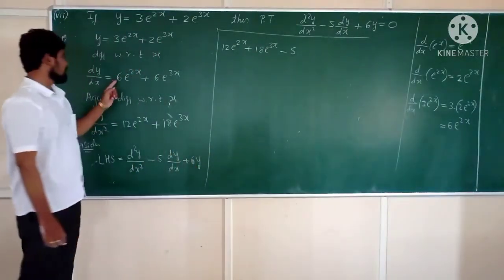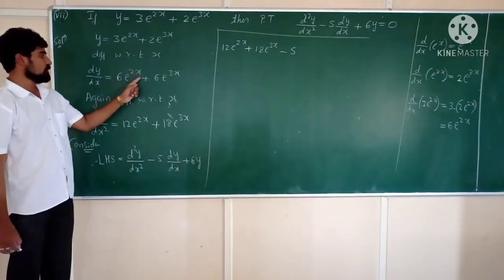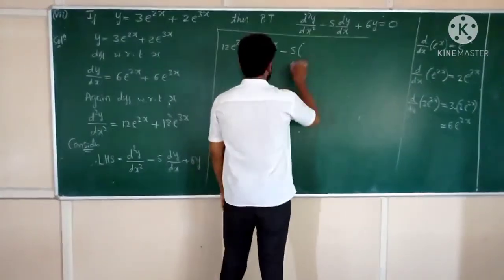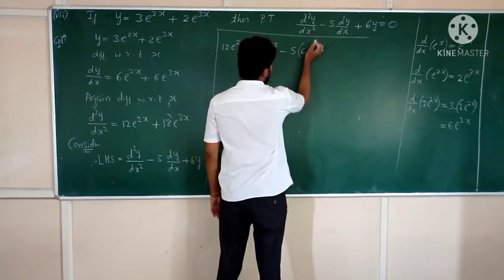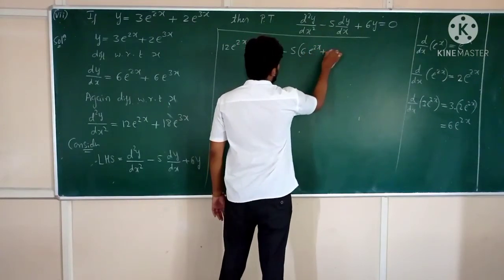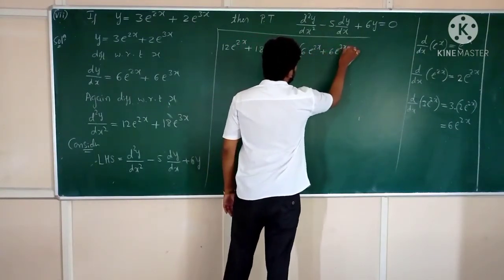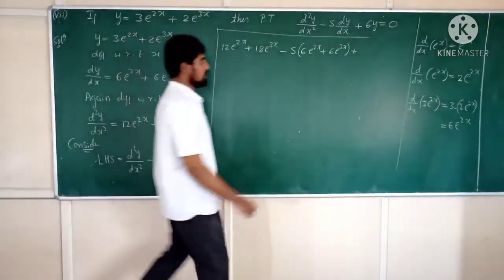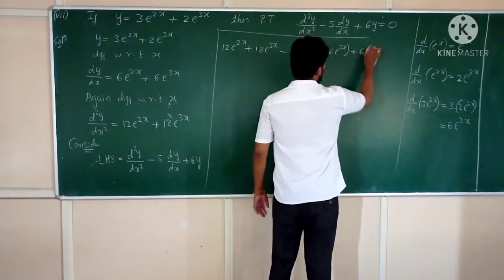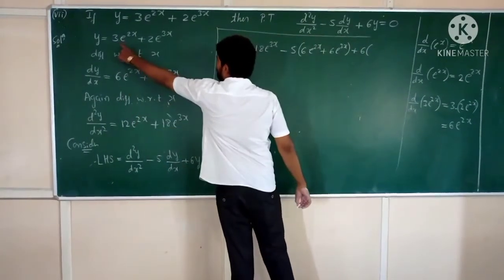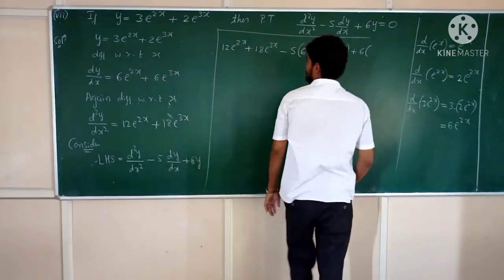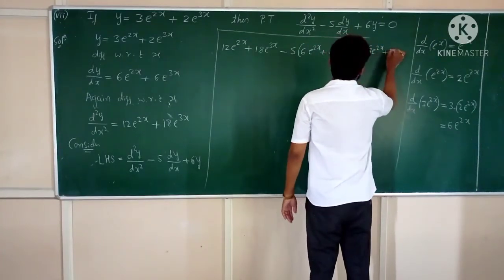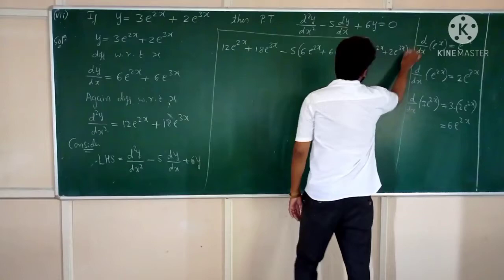The value of dy by dx is 6 into e power 2x plus 6 into e power 3x. Then plus 6 into y, where the value of y is 3 e power 2x plus 2 e power 3x.